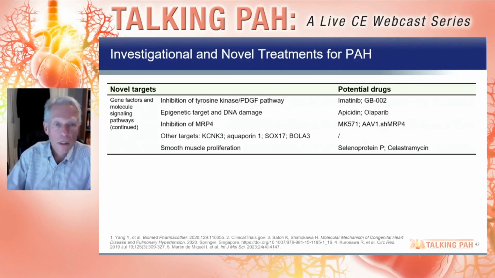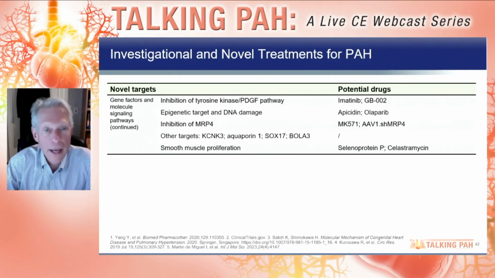These are areas that some are in active investigation right now. You can see the inhibition of the tyrosine kinase and PDGF pathway. There are two agents in clinical trials now. Imatinib is an inhaled agent, as well as seralutinib, which is the GB002, is now just about to go into phase 3 trial, and both of those have some promising early results.